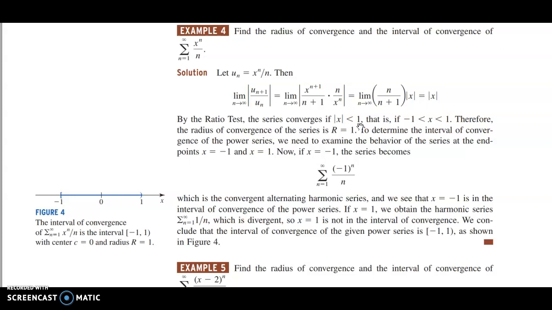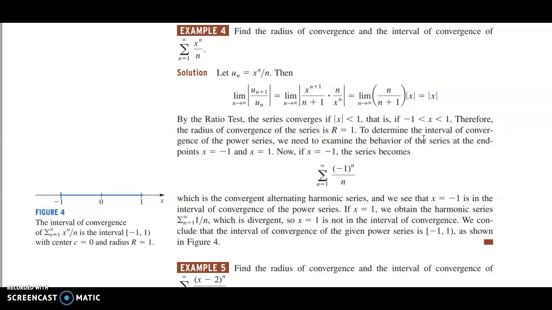Mod x less than 1 means minus 1 less than x less than 1, right? So the radius of convergence of the series is equal to 1. Mod x is less than 1, that is r is equal to 1.